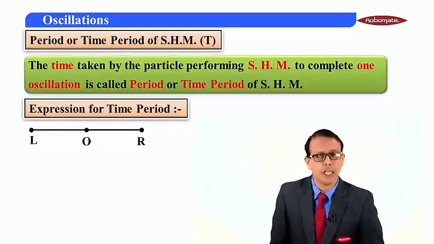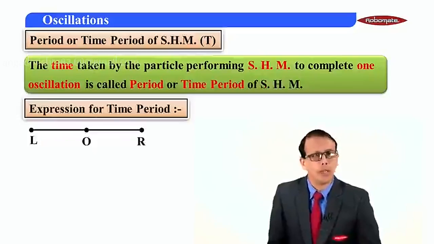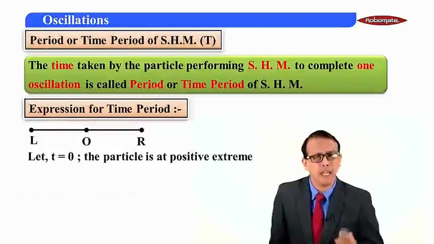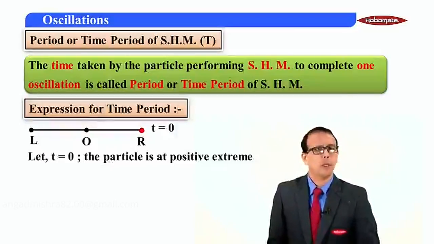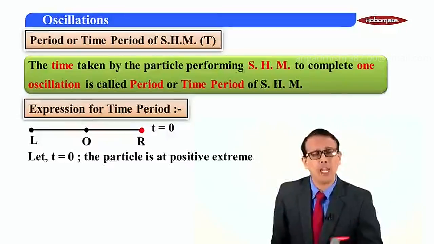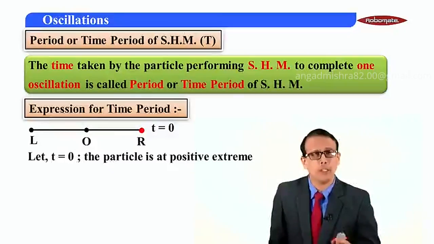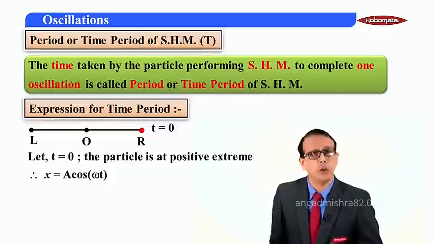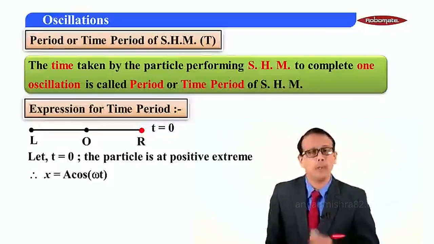So, consider a straight line path LOR and let us assume at time t is equal to 0, the particle is at positive extreme. So, students, we know from initial modules, if the particle starts from right extreme or positive extreme, the displacement equation will be given as x is equal to a cos omega t.